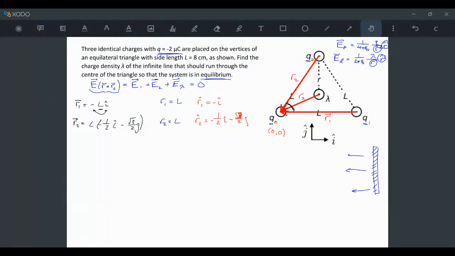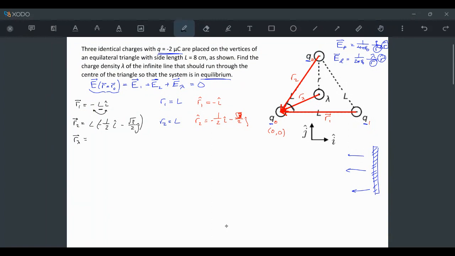The one that's a little bit more tricky: where is the line charge located? So that's our lambda, or what is the distance from the line charge to Q0? So for this one, maybe I'll quickly get rid of what we drew before. And to note just this part in here, this little slice, this is 30 degrees.